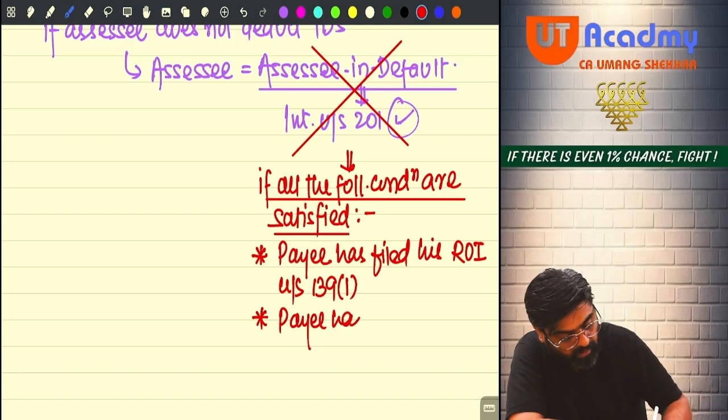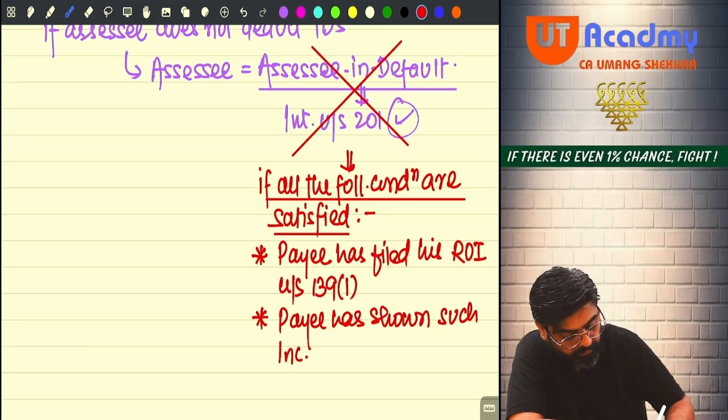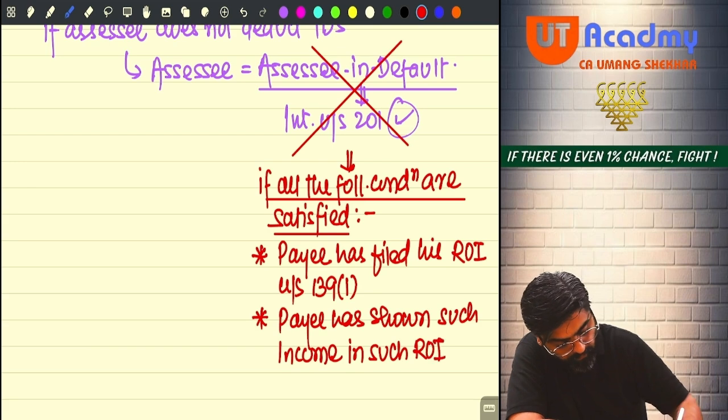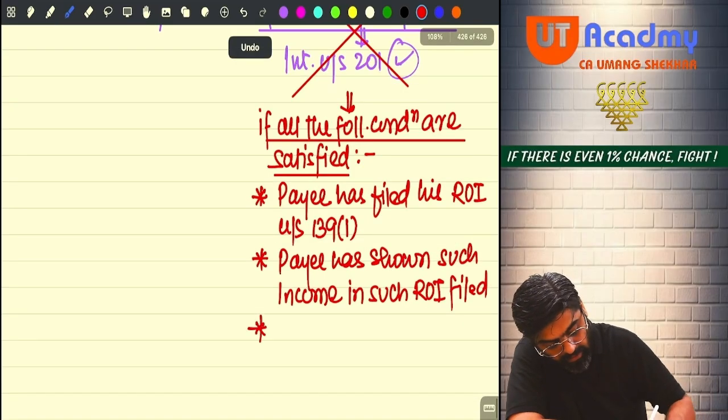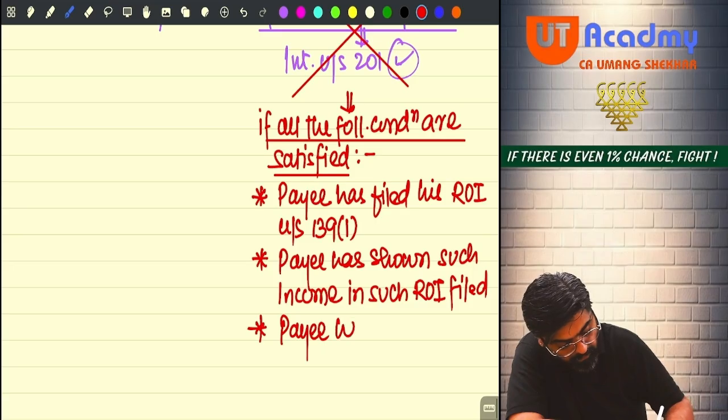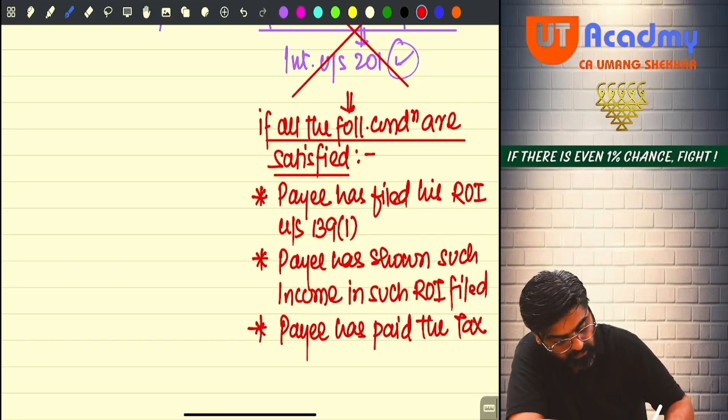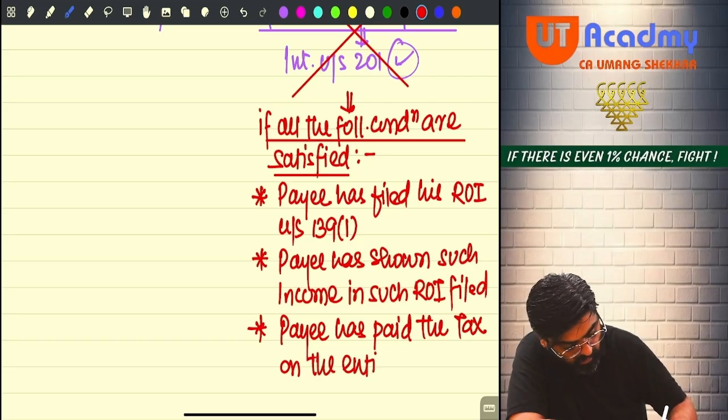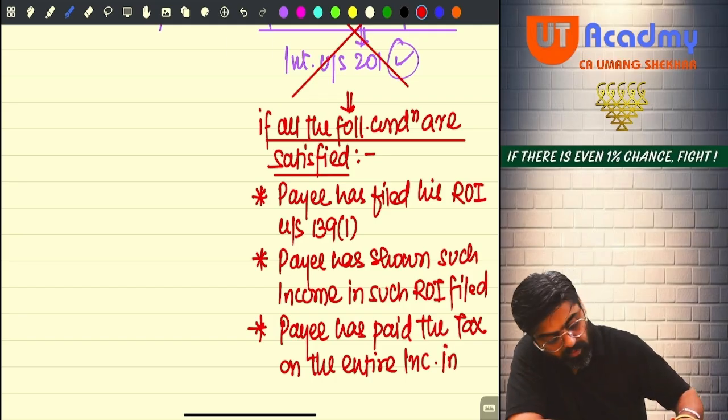The payee has shown such income in such return of income, and the payee has paid the tax on the entire income shown in such ROI.